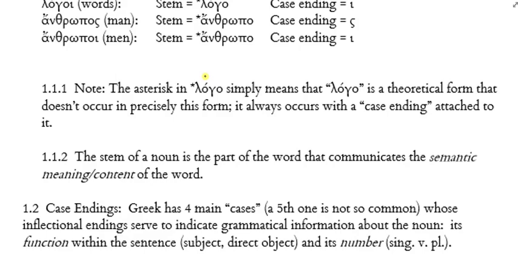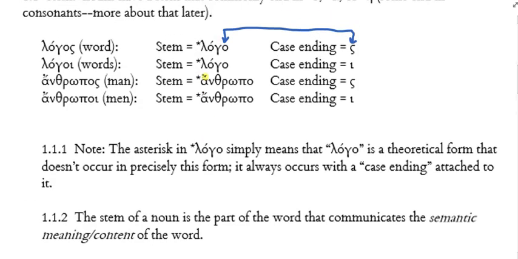All right? So if you notice over here, these are the same case endings, the sigma over here and the sigma over here. What they're telling you is two things about the nouns logos and anthropos. It tells you that those nouns are singular and nominative case. The iota is the same for both of these forms, logoi and anthropoi, and they tell you that the noun is plural and nominative.